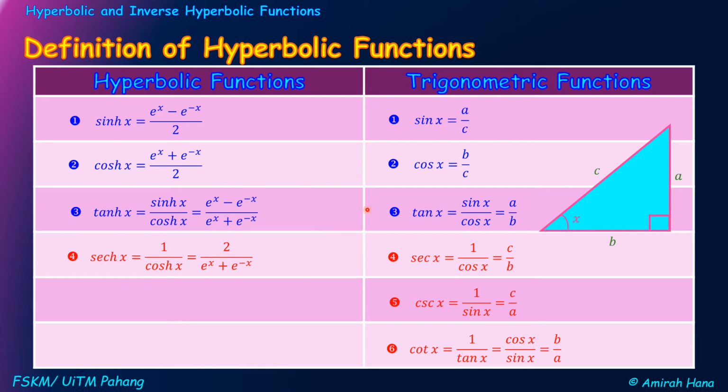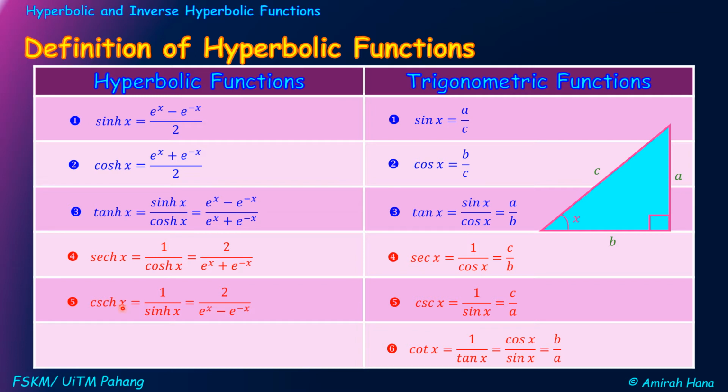When we compare with trigonometric function, sec x equals 1 over cos x, no h here. But under hyperbolic function, we have h here. It looks similar, but under hyperbolic function we must put h. And then the reciprocal function for sinh x, we have cosech x equals 1 over sinh x.